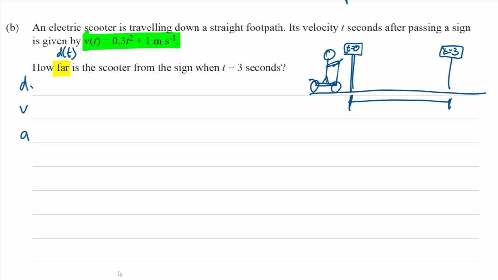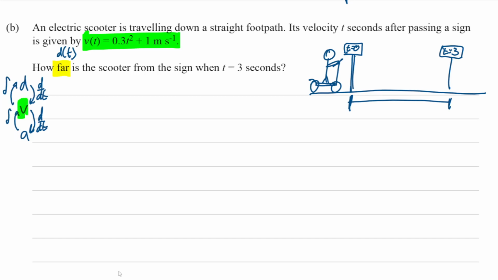The rate of change of distance, in other words, the derivative of distance, is velocity. The derivative of velocity is acceleration. And conversely, the antiderivative of acceleration is velocity, and the antiderivative of velocity is distance.